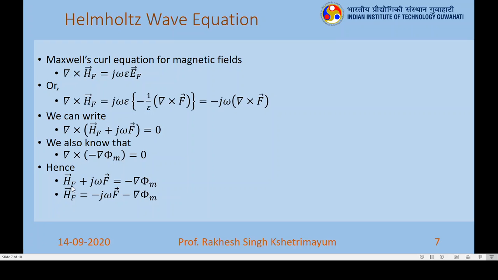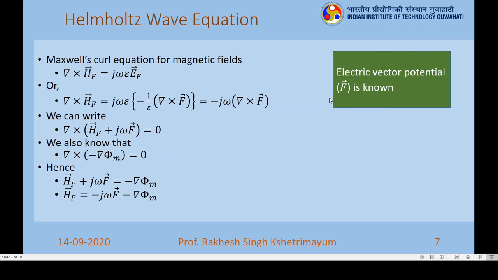If I want to find the electric field due to A, then I will write E_A is equal to minus j omega A minus del phi E. But now I want to find H_F, so I have minus j omega F minus del phi M.